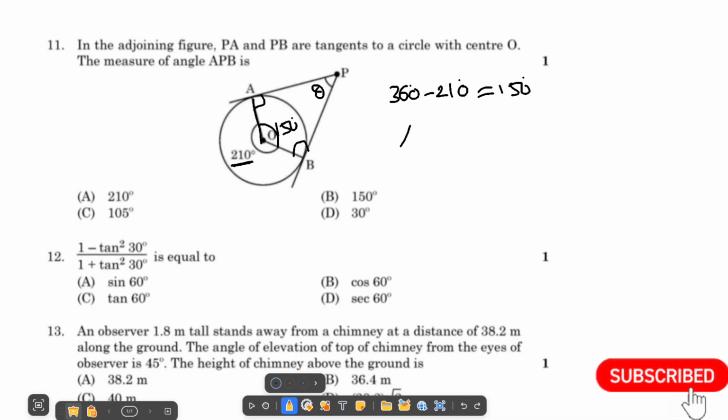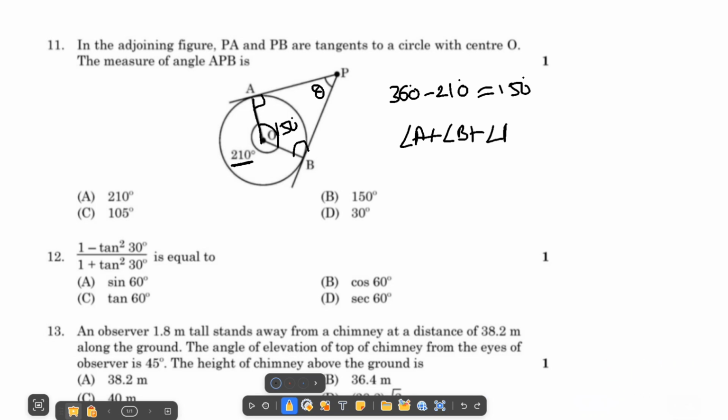So that means angle at A plus angle at B plus angle at P, which is theta, plus angle at O. This angle is named as angle AOB. So all are equal to 360 degrees, the sum of the interior angles of a quadrilateral.